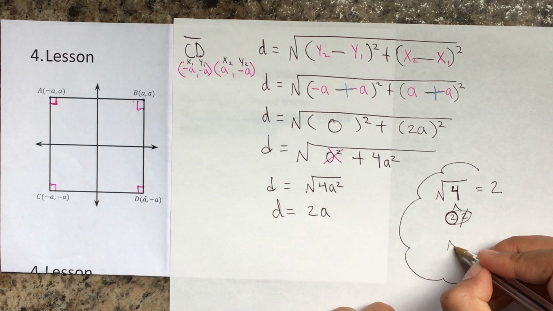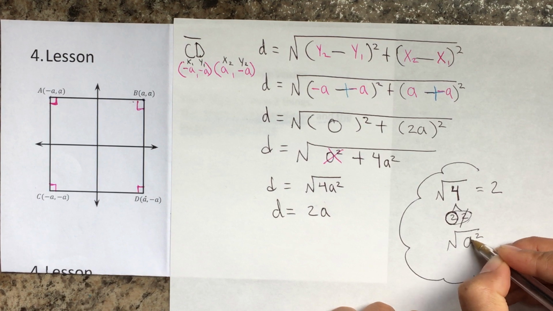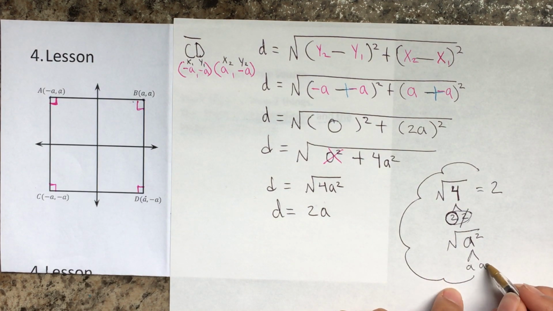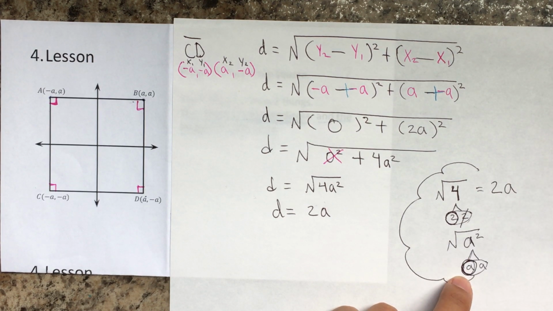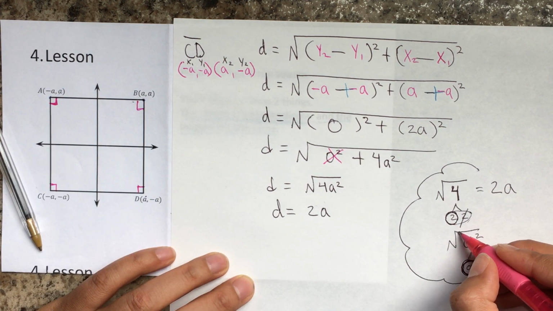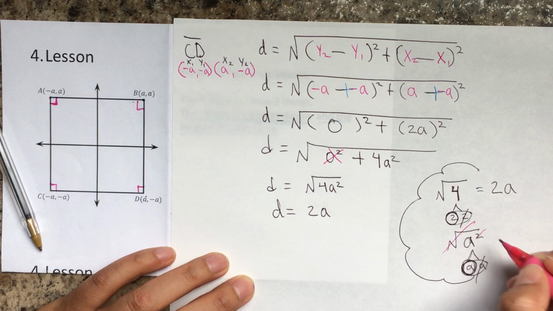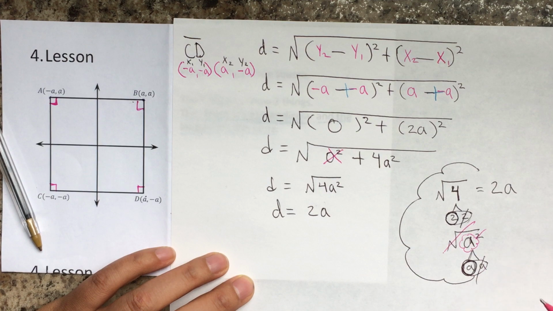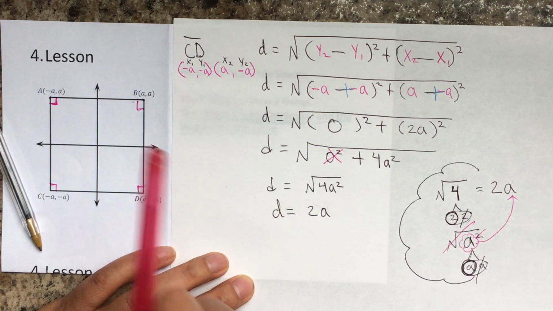The same thing for a squared. So a squared means a times a. Again, you make a pair. One is the captain that goes up there, and the other one you just cross out. So that's why it's 2a. Some people see it also as the square root canceling the square, so those cancel and your answer is just a. Either way is fine, and you just put it out there.